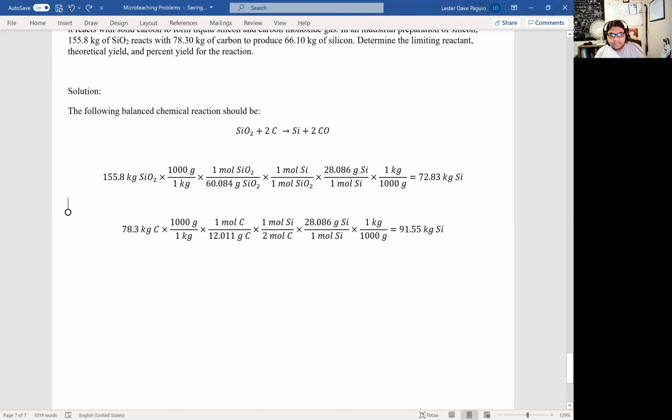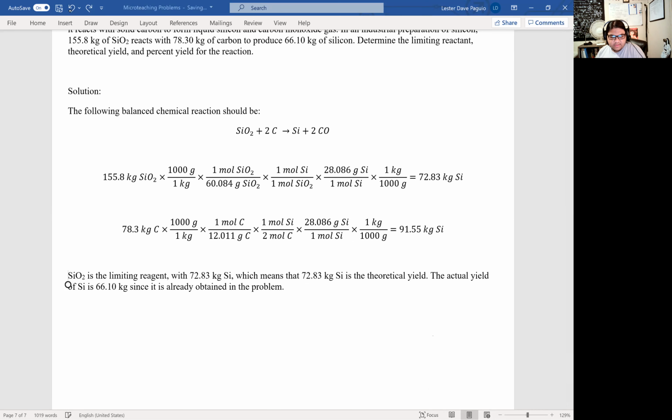Now, the limiting reagent in this case is the silicon oxide with 72.83 kilograms of silicon, because we would use all of the silicon oxide.